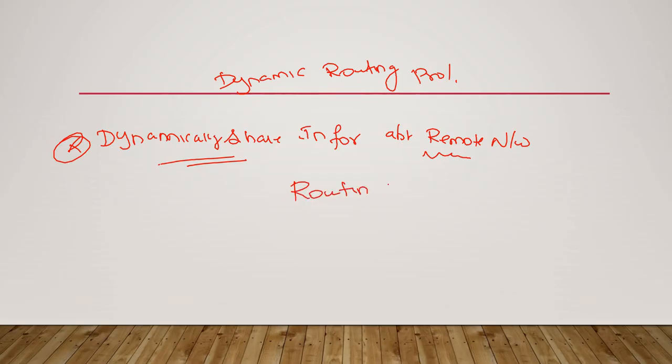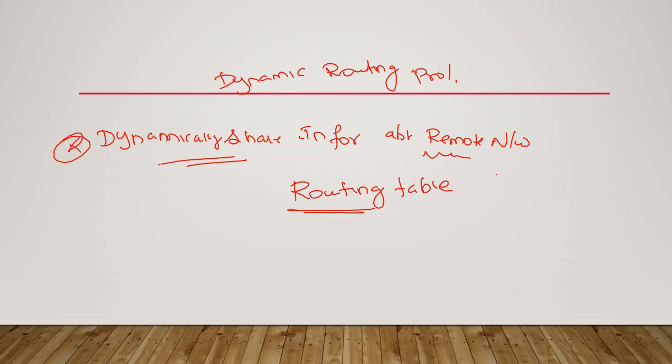What information is available in the routing table? The forwarding value, the distance, and the next hop router. These are the information available in the routing table.